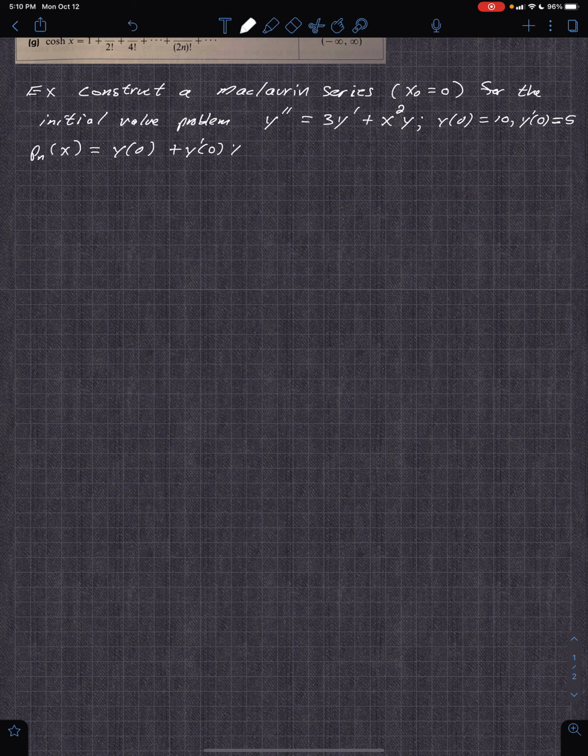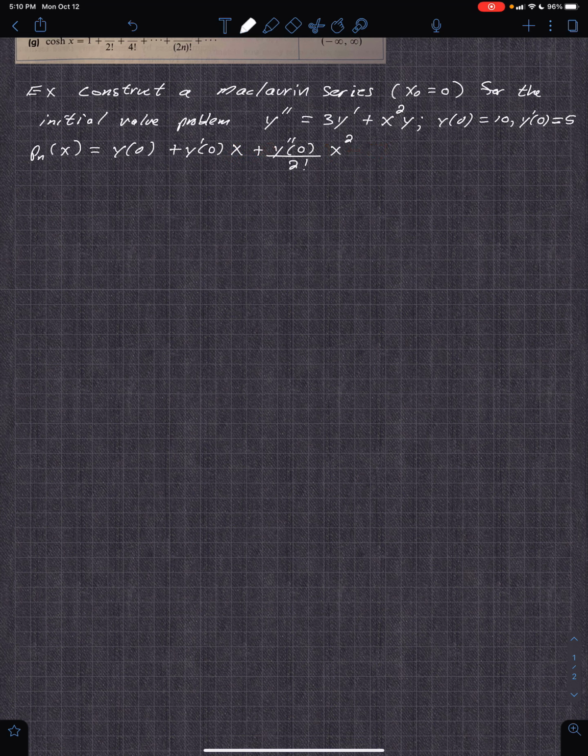And then x minus 0 is just x. Then plus y double prime of 0 over 2 factorial x squared. Normally that would be x minus 0 squared.